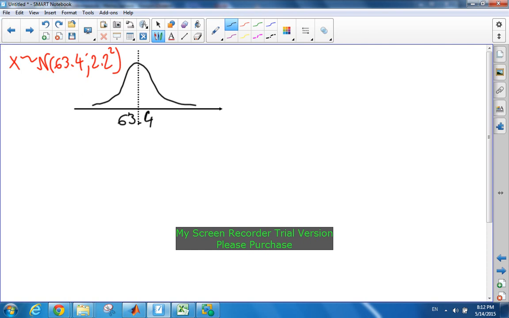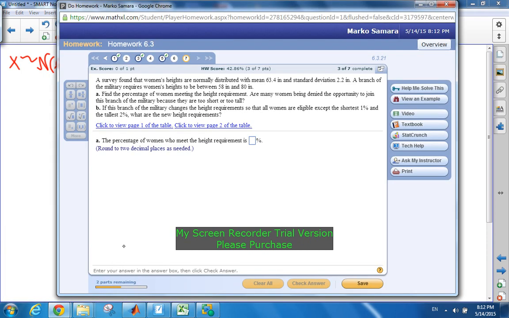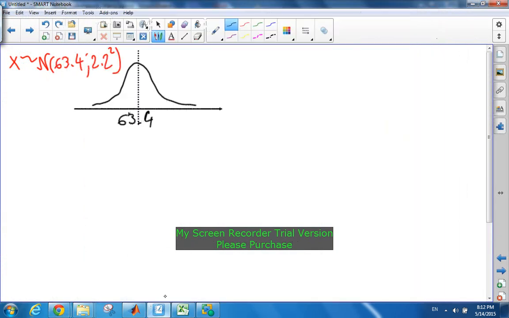Okay, and now we have that the criterion for this military branch is that the height should be between 58 and 80. So somewhere here is 58 and somewhere here is 80. Okay, and what proportion of women falls into this region?